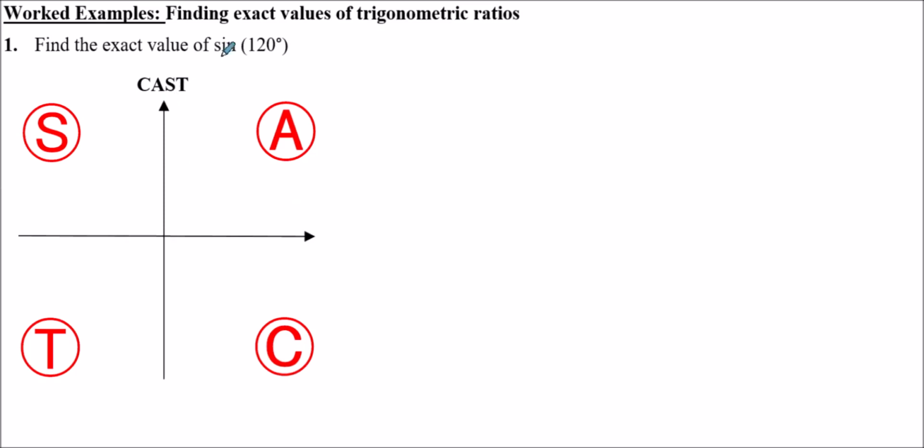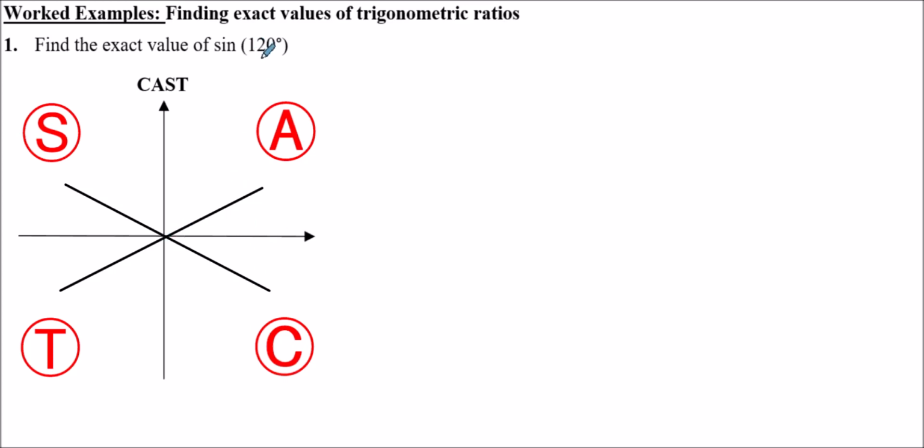So first of all, for a CAST diagram, always just draw on an X, centered on the origin. So something like this. Then remember how we measure angles using the CAST diagram. We always measure clockwise from the x-axis if it's a negative angle, but if it's a positive angle, we measure anti-clockwise from the x-axis.